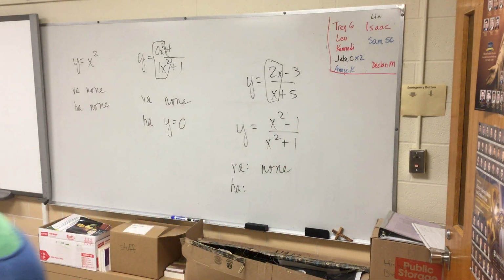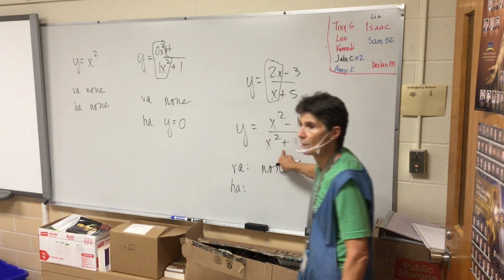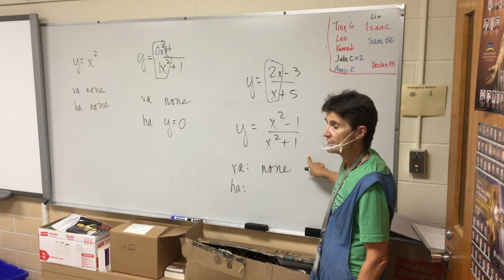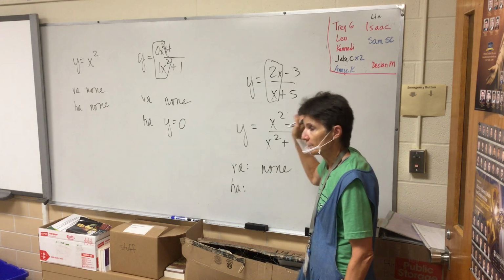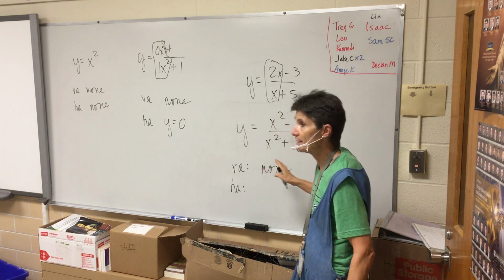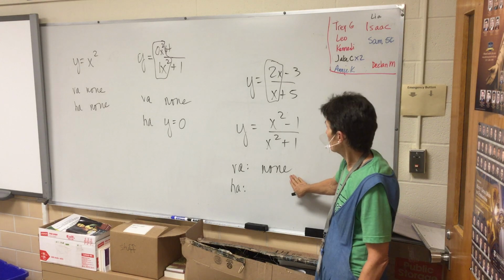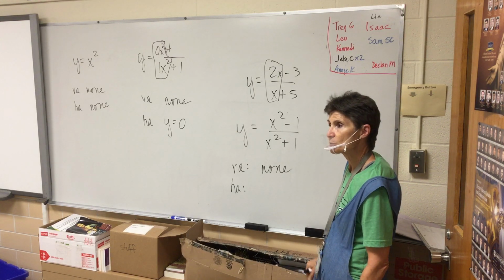Because there is nothing real, no real number that you could put in here and get 0. That will never be 0. And if you don't have an excluded value, then you do not have a vertical asymptote.